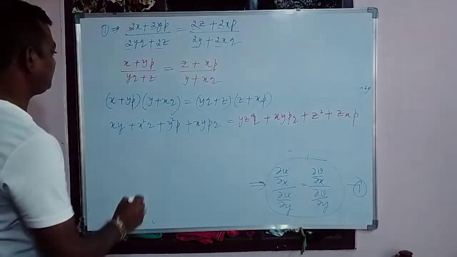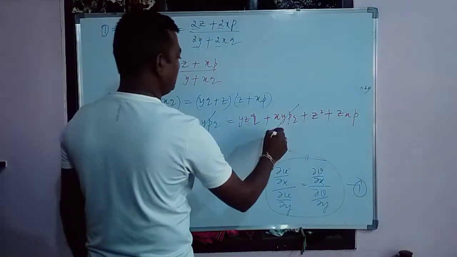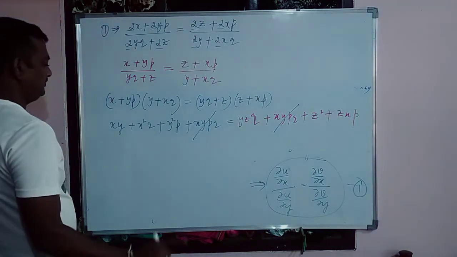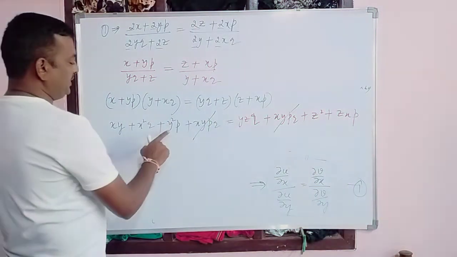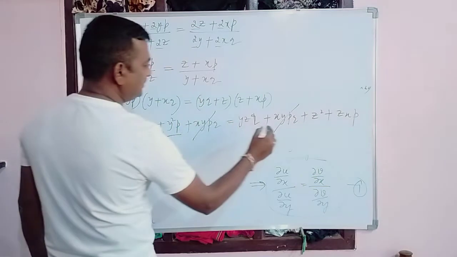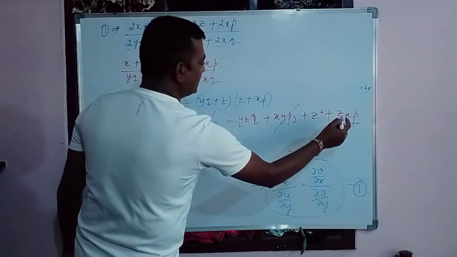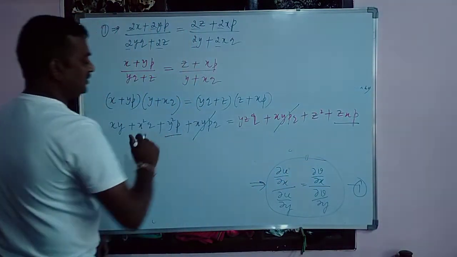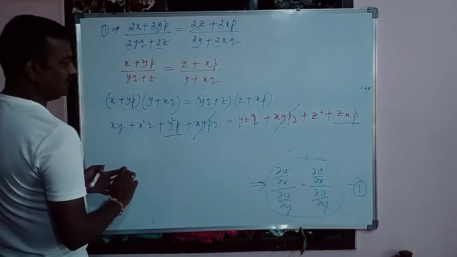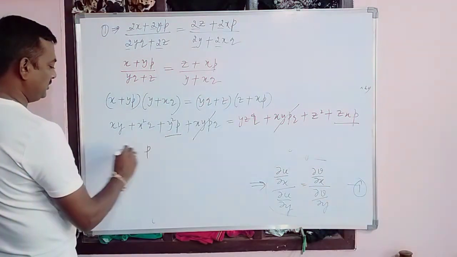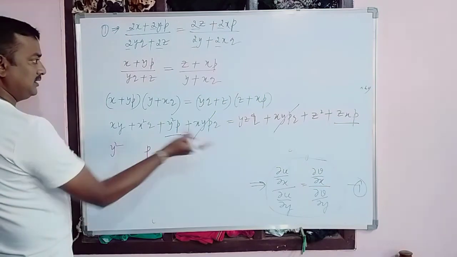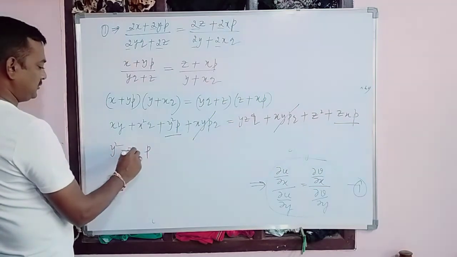Okay, xy pq gets cancelled on both sides. First I want to write the p terms: y square p and zxp. zxp comes to the left side, and in y square p, p is common. What is left here is y square minus zx.